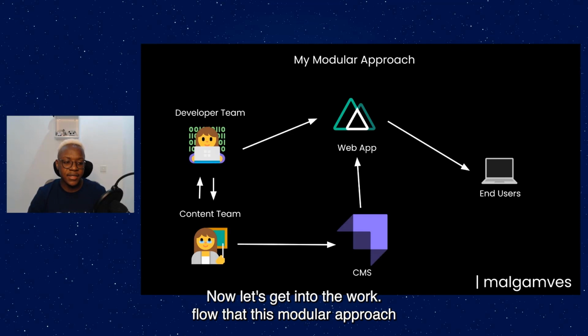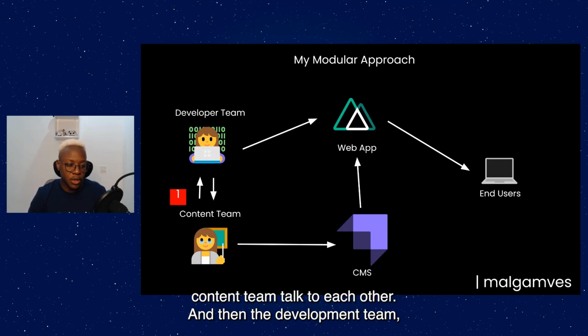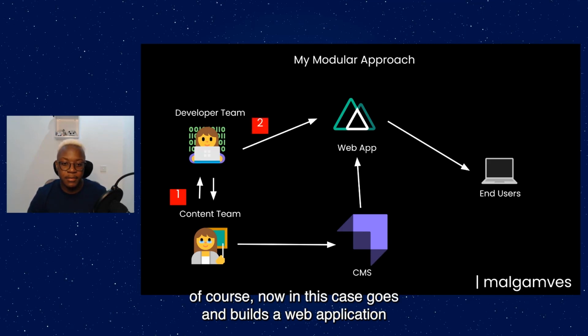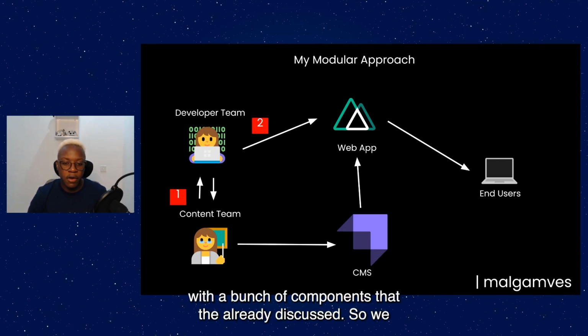Now let's get into the workflow that this modular approach gives us. As usual, we have our developer team and our content team talk to each other. And then the development team, in this case, goes and builds a web application with a bunch of components that they already discussed.